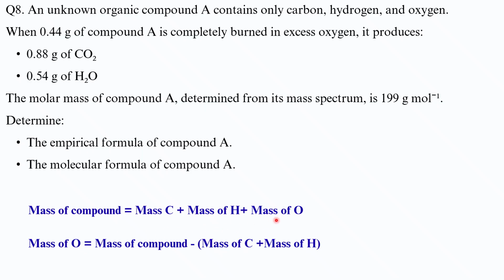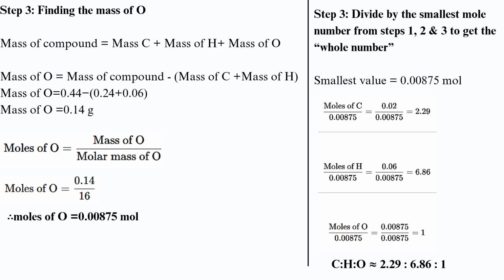So if I have to determine the mass of oxygen, it will be what? Mass of compound minus the mass of carbon and hydrogen. If I follow this method, this is the mass I end up with for oxygen. From the mass of oxygen, I determine the number of moles of oxygen by dividing the mass of oxygen by the molar mass of oxygen. So this is the number of moles I have got.